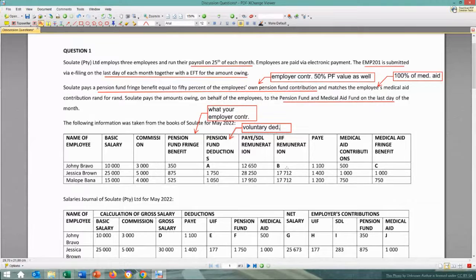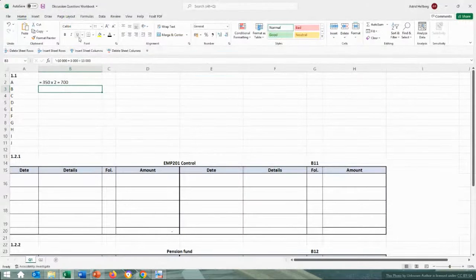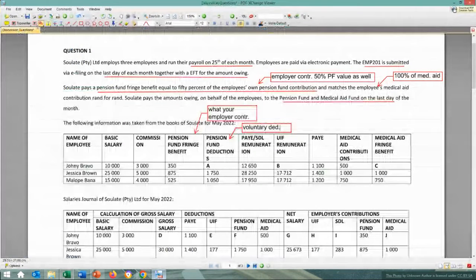But it normally excludes commission. Okay, so based on that information, how do you think you would calculate the UIF remuneration? If we take the information here in the front, we would include the basic salary and the commission, but we exclude the fringe benefits. So we only take their normal salary and normal benefits. We exclude any fringe benefits that they receive from their UIF remuneration.